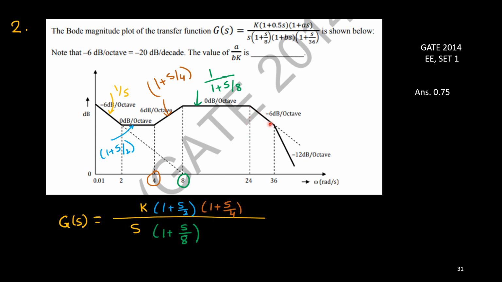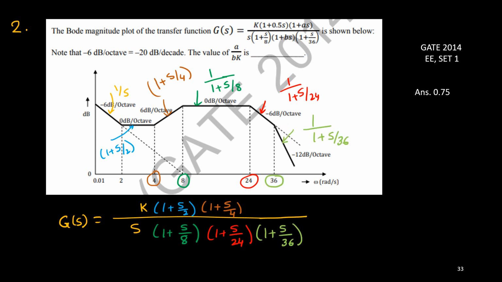Similarly, it is also reduced by minus 6 dB from this 24, so there should be one pole. Thus it is 1 plus s upon 24. Now in this figure you see b is not mentioned, so b should be 1 upon 24. It is missing. Earlier a is 1 upon 4, that is also missing, so I have got these two.